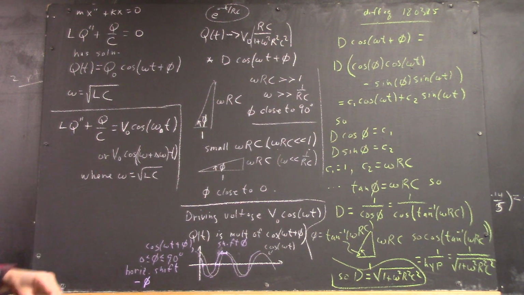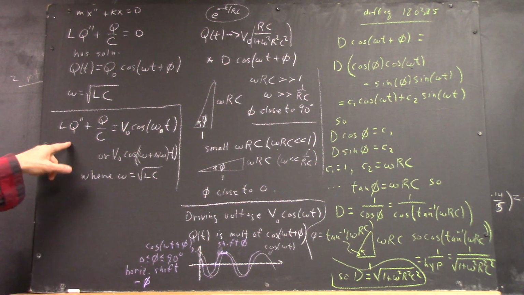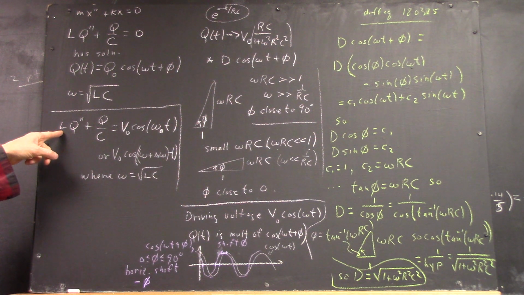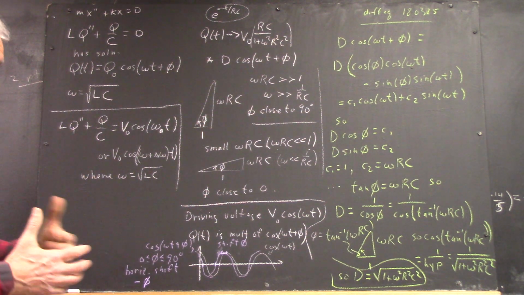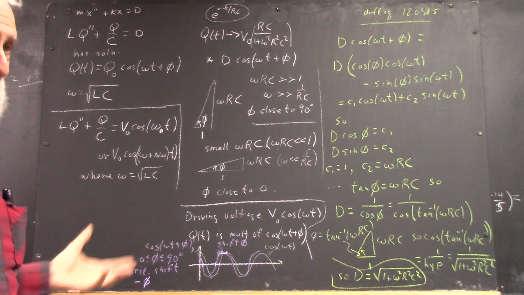We're not going to do this in lab, although we might observe some of the results of this in lab. The reason is that the L is usually way too small for us to detect directly, but indirectly from the behavior of the circuit and the amplitude of the circuit. But we're not going to do that this week.